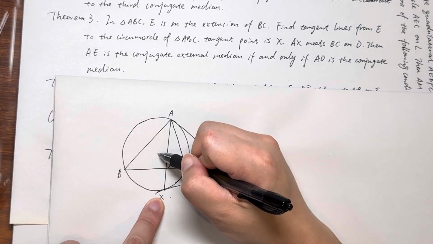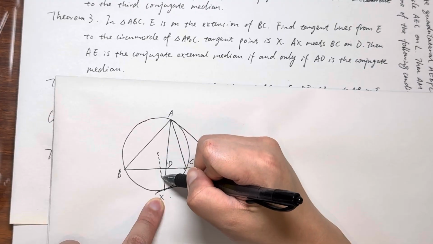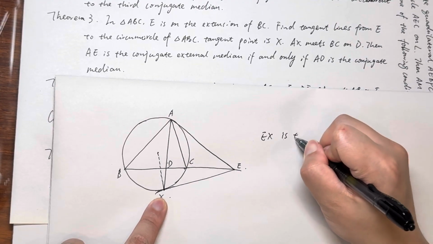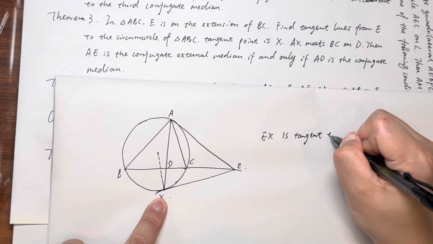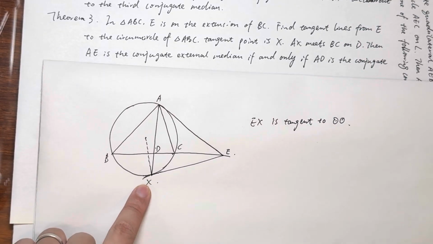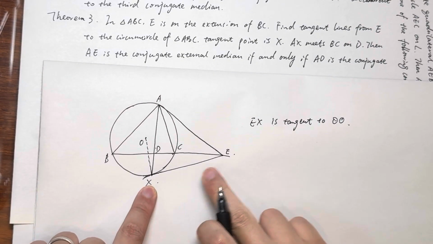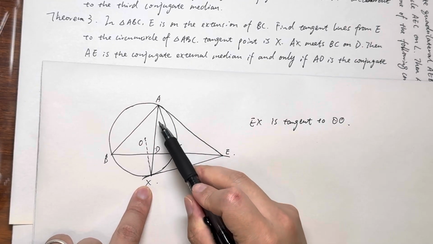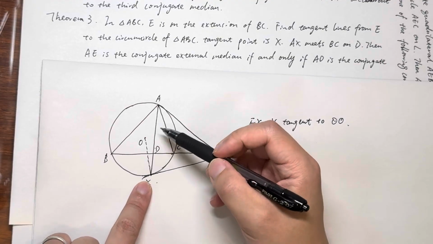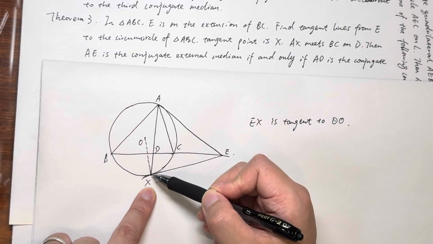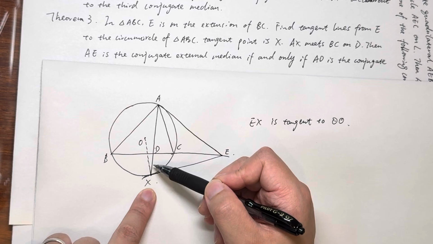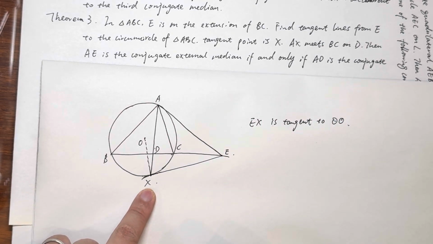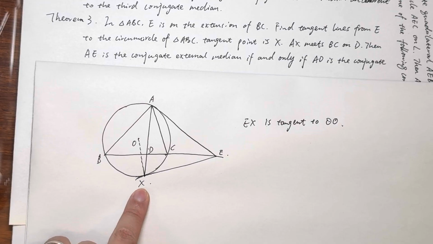Okay, so basically what we have here is that we know EX is tangent to circle O. Right, EX is tangent to circle O. And we can say, okay, if AX or AD is a conjugate median, we want to prove that AE is a conjugate external median, right?